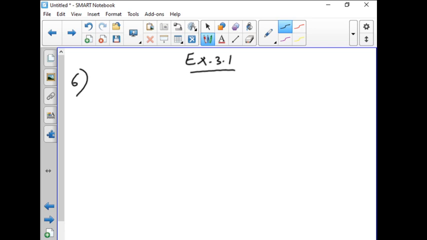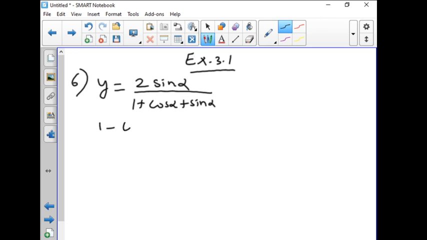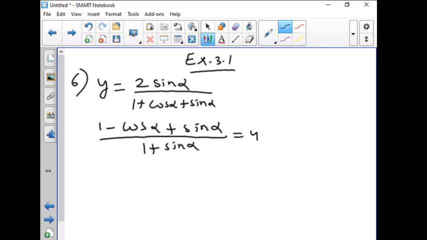Question number 6. If y is equal to 2 sin alpha by 1 plus cos alpha plus sin alpha, then prove that 1 minus cos alpha plus sin alpha by 1 plus sin alpha is equal to y.